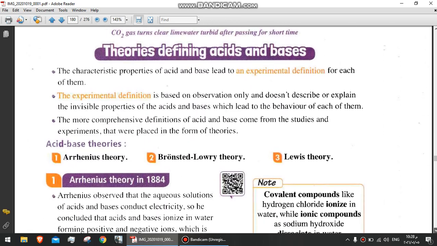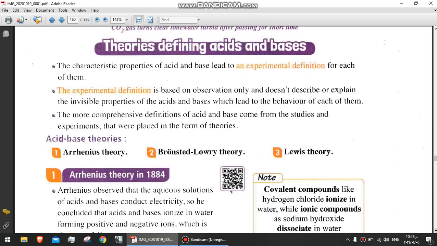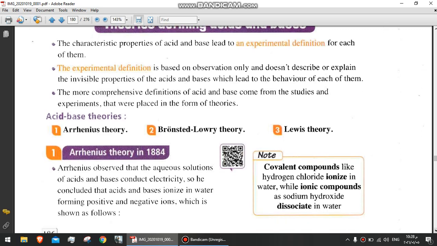Now, some theories define acids and bases, like the Arrhenius theory, the Bronsted-Lowry theory, and the Lewis theory. The Arrhenius theory defines acids and bases as we know from previous studies. An acid, when it dissolves in water, produces positive hydrogen ions, while a base, when dissolved in water, produces negative hydroxide ions. So both of them are good conductors of electricity due to the presence of ions.